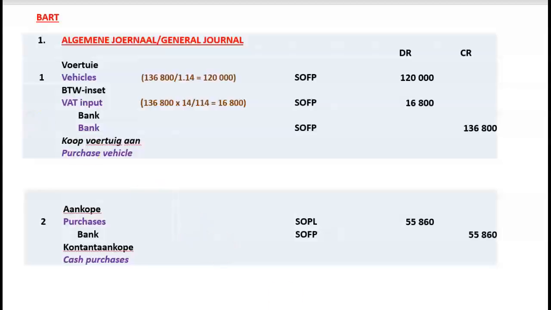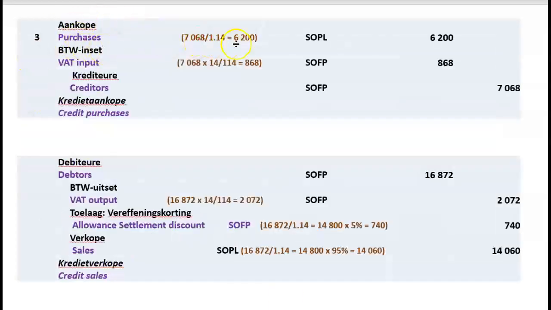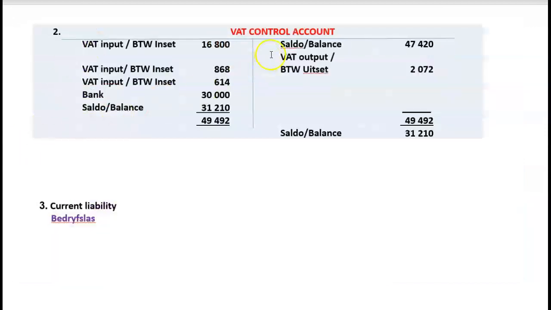So that means that our purchases would be the VAT exclusive amount of 6,200, statement of profit or loss. We can claim the VAT on that purchase, 868, and creditors, statement of financial position, will be credited with the full invoice amount of 7,068. Let's also record that VAT input in our VAT control account.